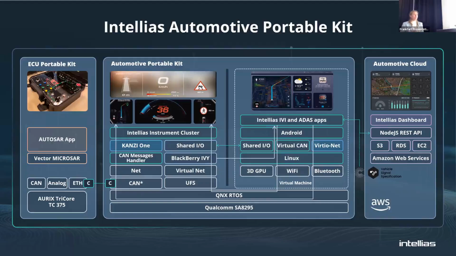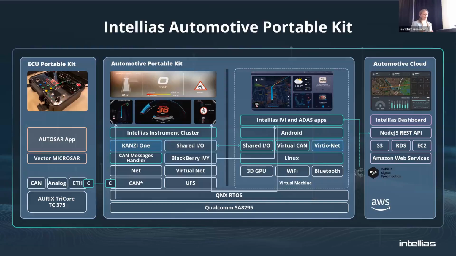So this is a portable kit that we built for demonstration purposes, to demonstrate Intellias expertise in different areas. These are two boxes. One box is a portable ECU that has the classic AUTOSAR installed currently, but we are working to get another guest OS for the adaptive platform.